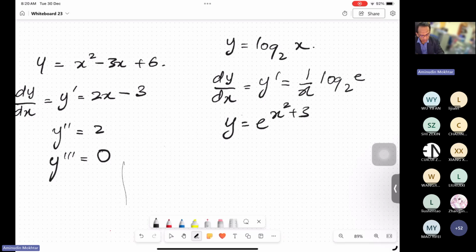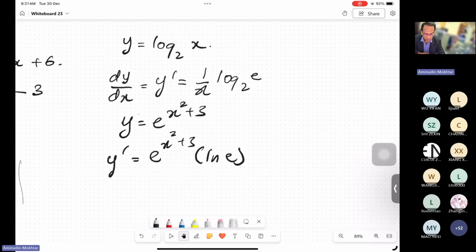The first derivative y prime, as you can see on page 6, is equal to e to the power of x squared plus 3 times ln e, and we need to find the derivative of x squared plus 3. This is 2x.